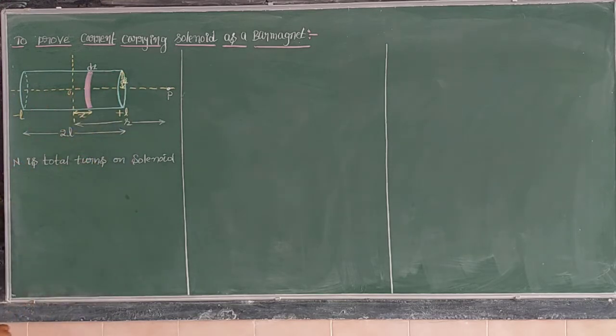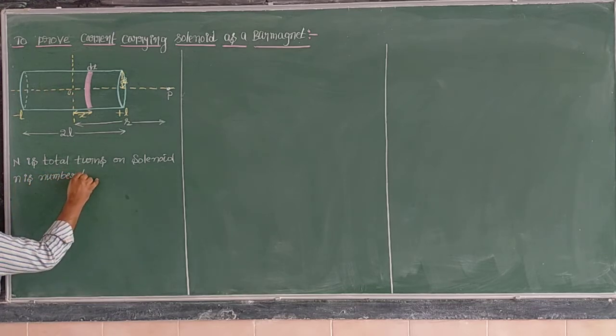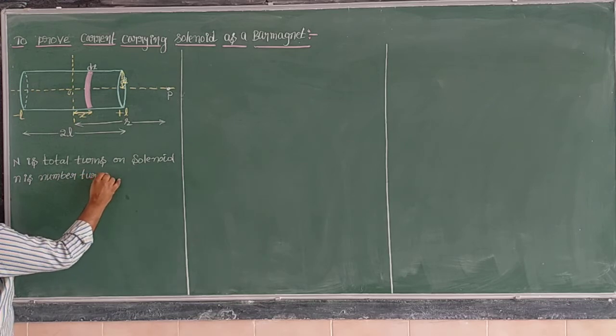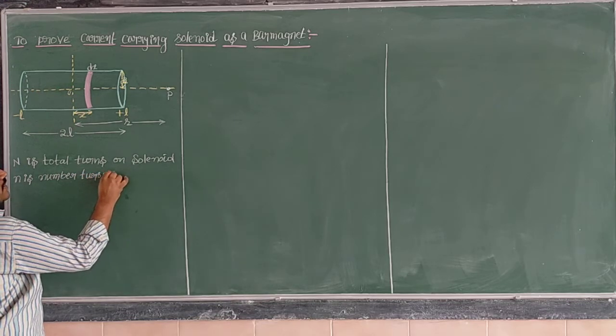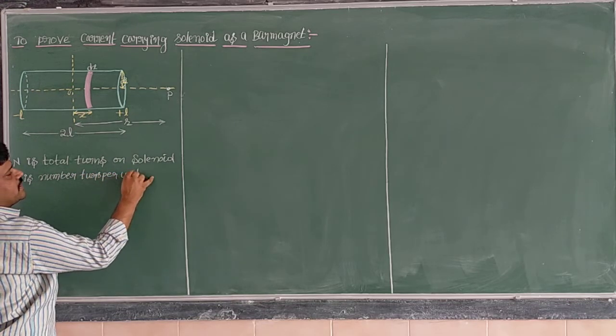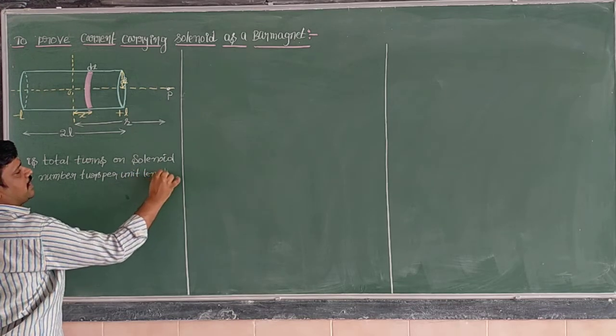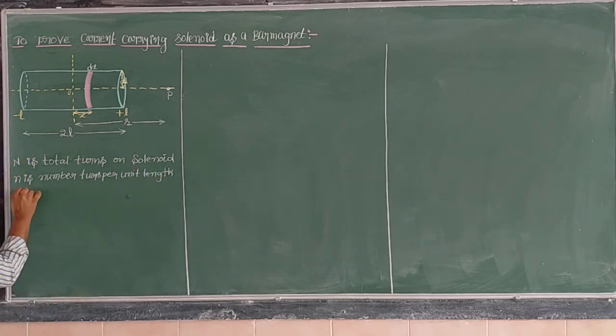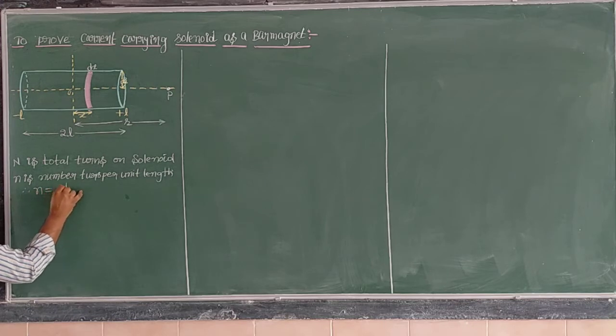Now small n I am taking. Small n is the number of turns per unit length on the solenoid. So small n is equal to the total number of turns divided by unit length.